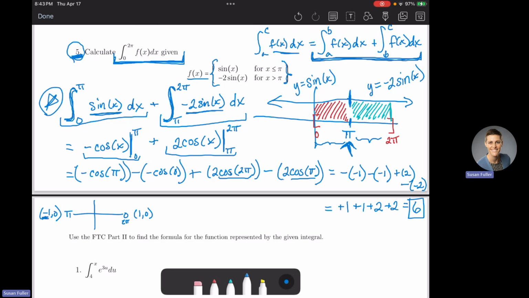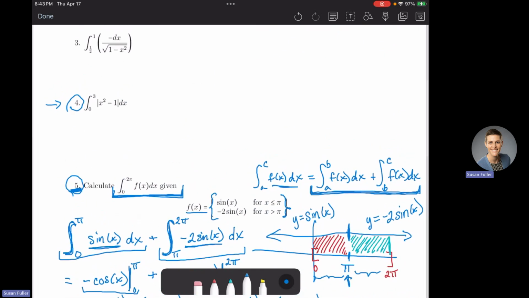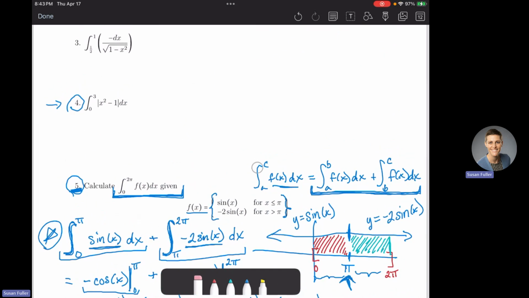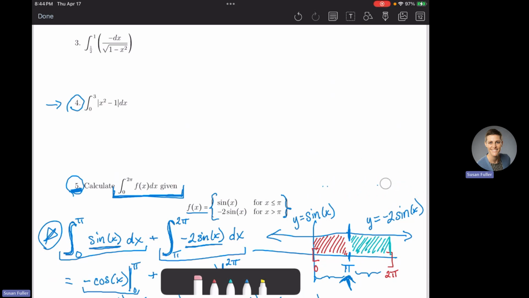All right, now let's jump up here and do the absolute value. The hard bit about absolute values is that an absolute value itself makes all of the area positive, but we can't evaluate an integral with an absolute value in it.